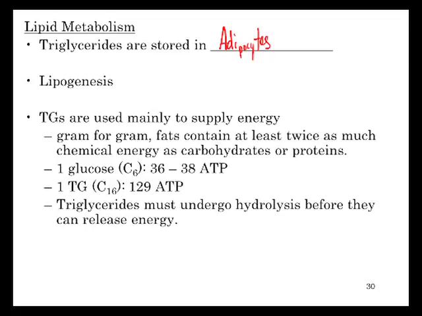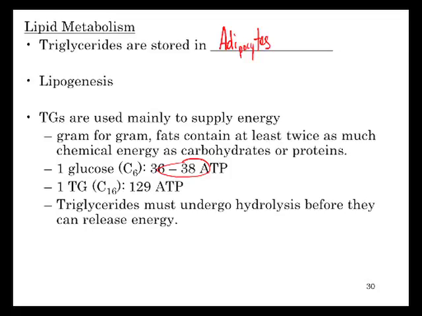If we compare a 6-carbon glucose to a 16-carbon fatty acid, or 16-carbon triglyceride, we're going to get about 129 ATP molecules compared to 36 to 38 ATP with glucose. So we can get significantly higher theoretical yields of ATP.